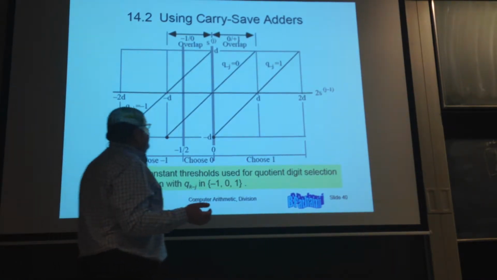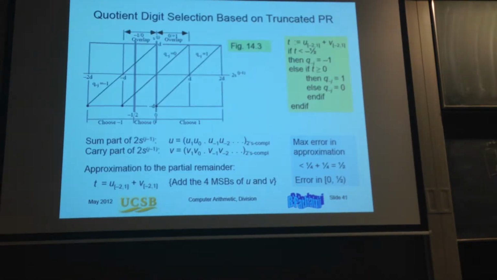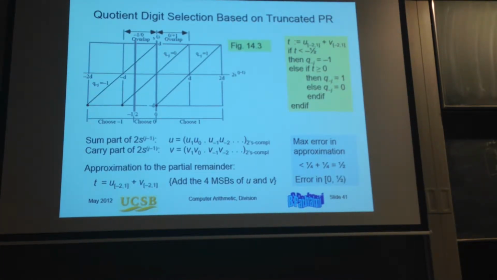And now, based on that, I will try to make the selection not by inspecting all bits of the partial remainder, just some of them. Previously, we were doing the addition or the subtraction, and we were propagating the carry.